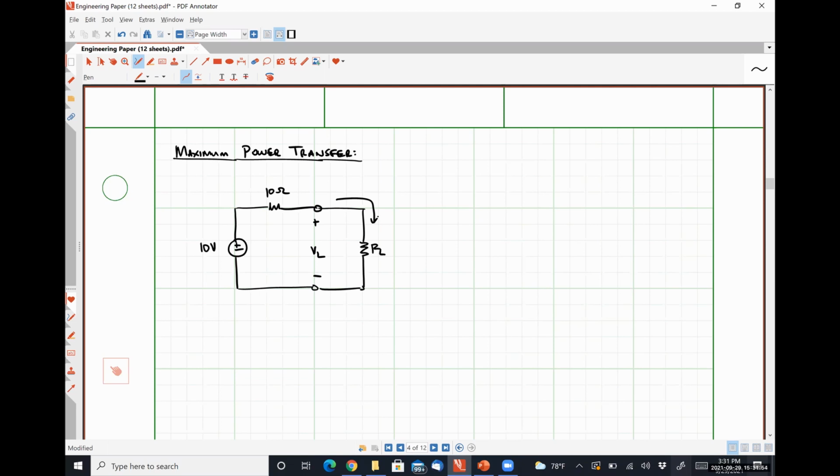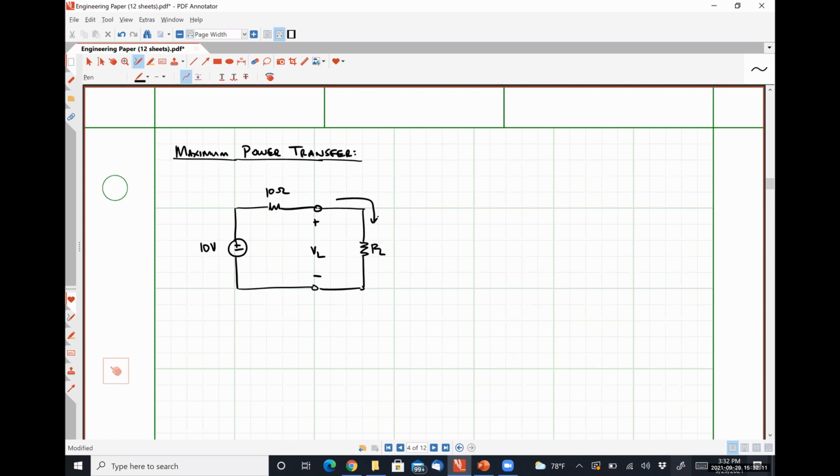And I wanted to determine what the power absorbed by that load resistance was. What might I do?